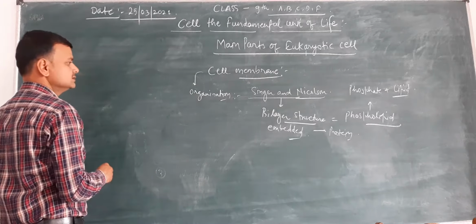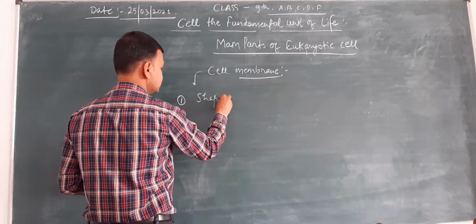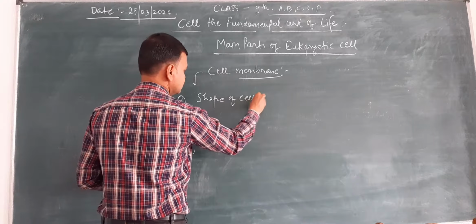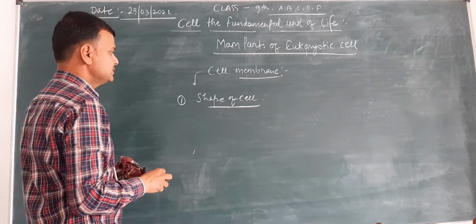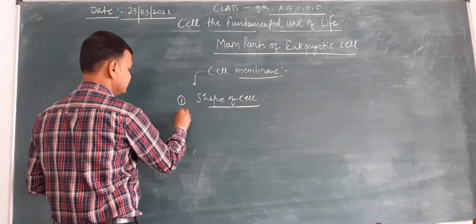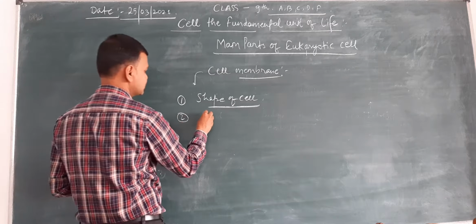So what are some of the common functions of the cell membrane? First function, it provides the shape to the cell. Shape of the cell is given by the cell membrane. Whatever membrane arrangement is there, that will be the shape of the cell. The next one is exchange of materials.